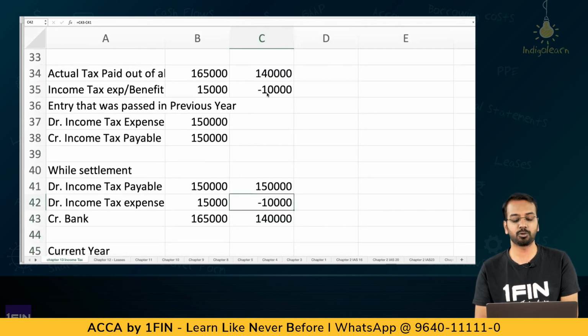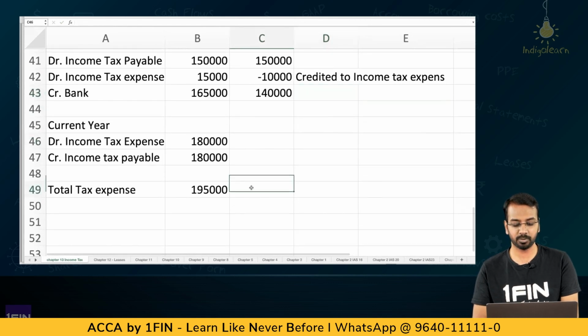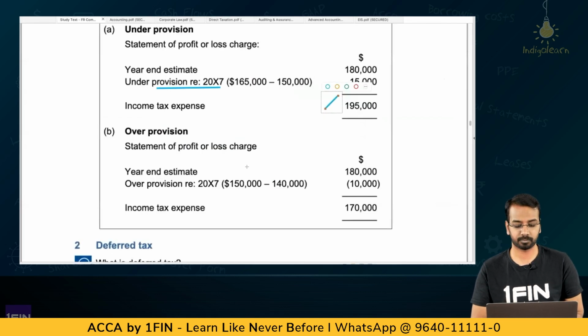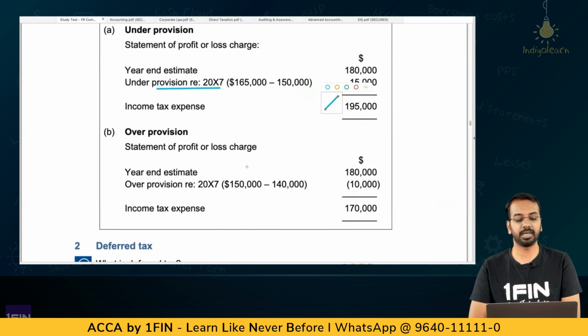The difference between these two, 10,000, is actually credited to income tax expense. Current year it remains same. So here the expense will be 180 minus 10,000, 170. Clear?